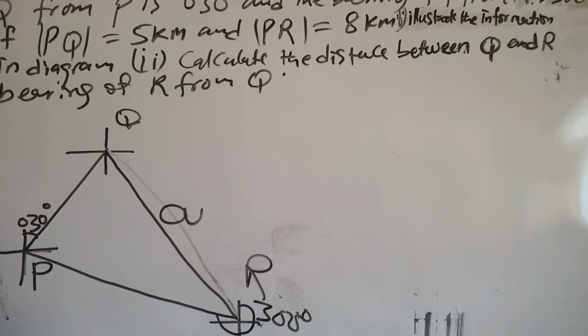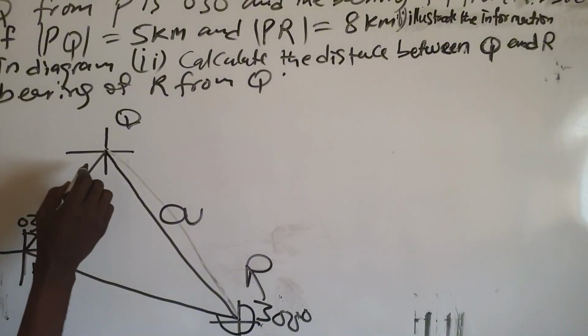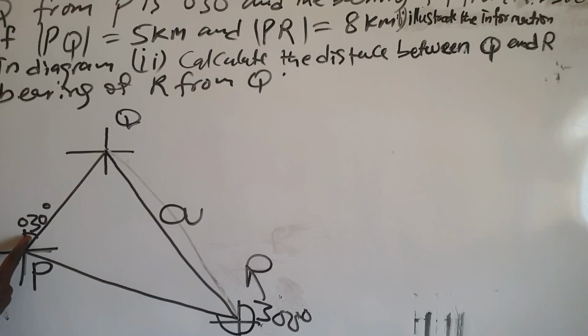Before we do it, we need the inside angle. We need the inside angle to enable us to calculate it. How do you do it? Remember that if here is 30, the remaining one here will be 60 degrees. Then if here is 300, inside here will be 30 degrees.